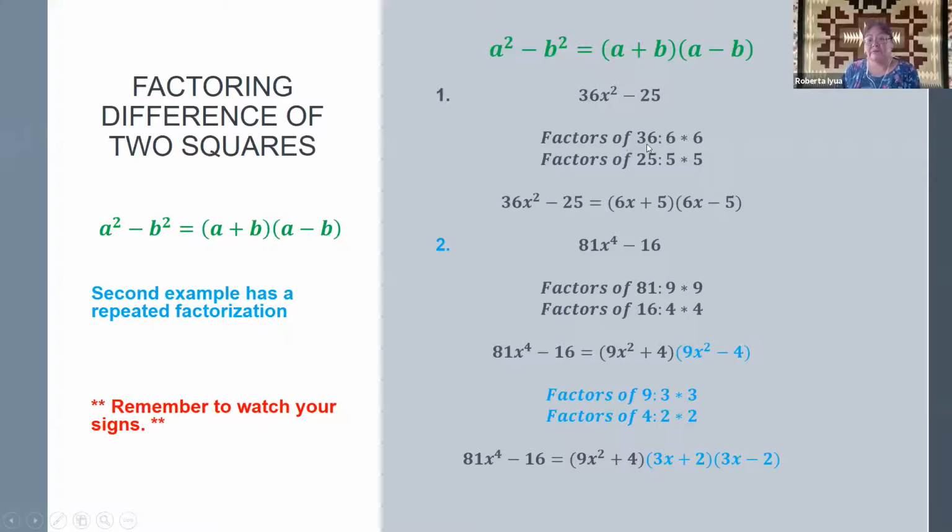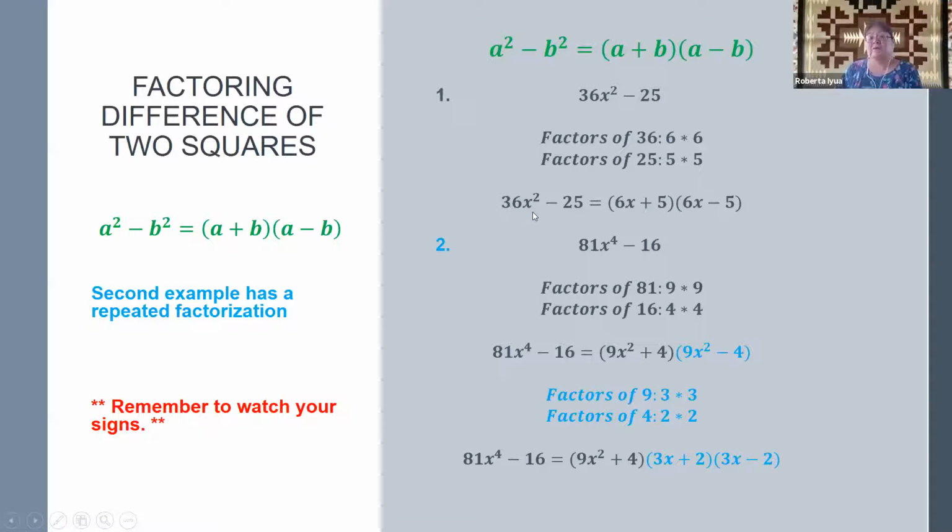First, I found the factors of 36, which came out to 6 times 6. And then I found factors of 25, 5 times 5. 36x squared minus 25 is equal to, we'll follow this pattern. Since a squared minus b squared, 36x squared is your a squared, and your 25 is your b squared.